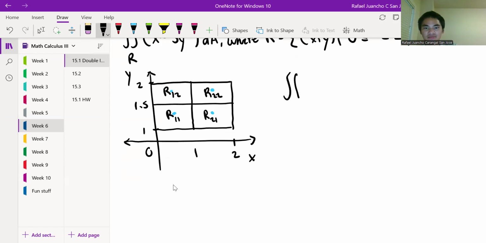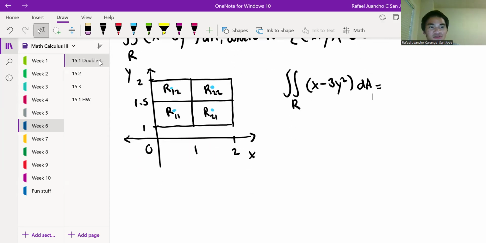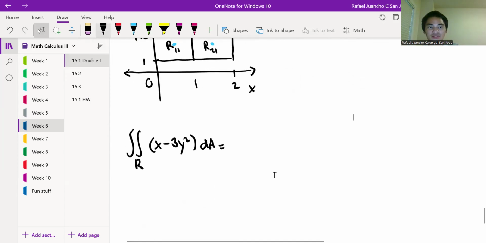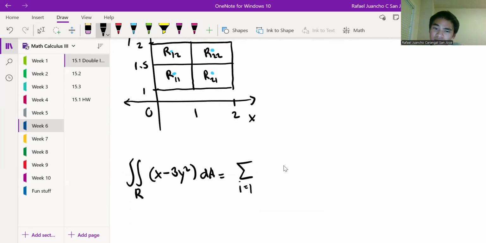So this is the double integral, in this case, of my function of two variables with respect to A. And this is actually just equal to a double Riemann sum from i starting at 1 all the way to 2 in this case. This is also all the way to 2. j starts at 1.